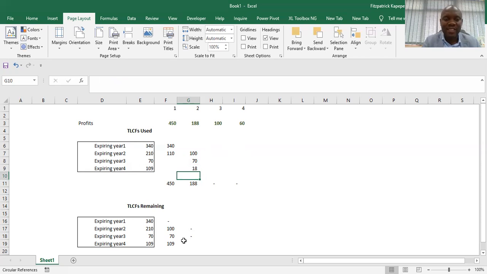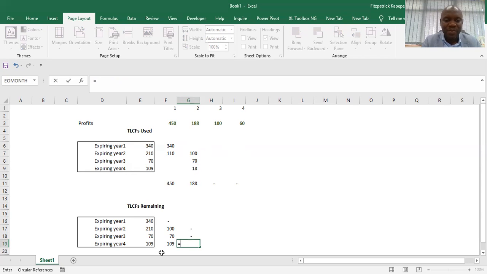So use 18. How much would you remain with? From the 109, you would remain with 109 less 18, which is 91.